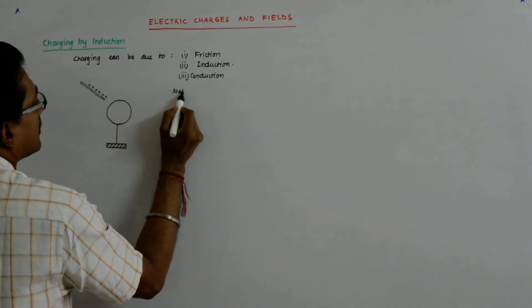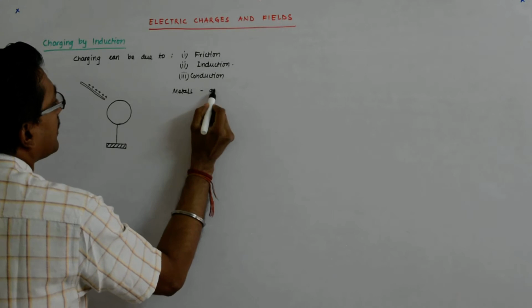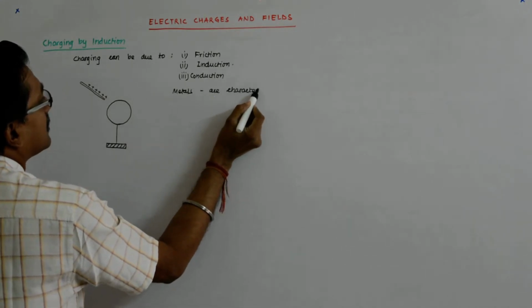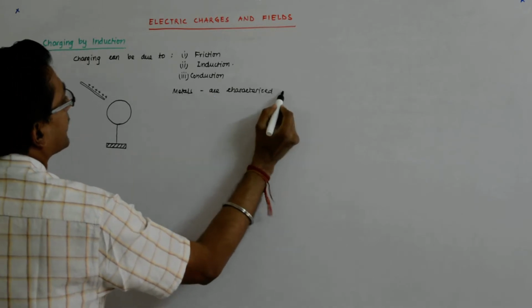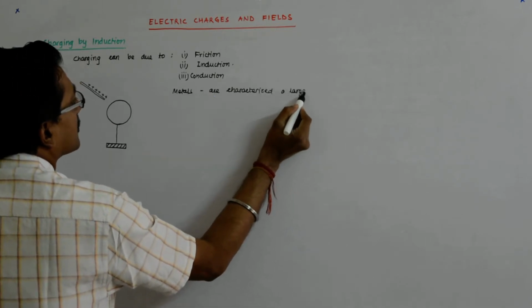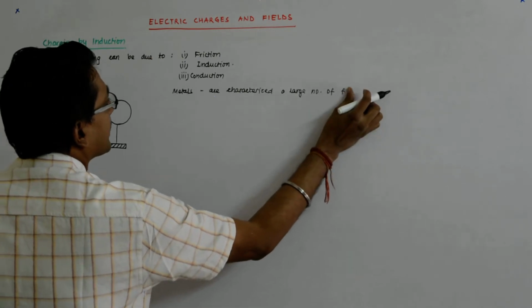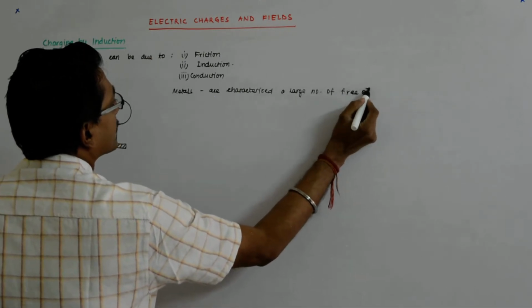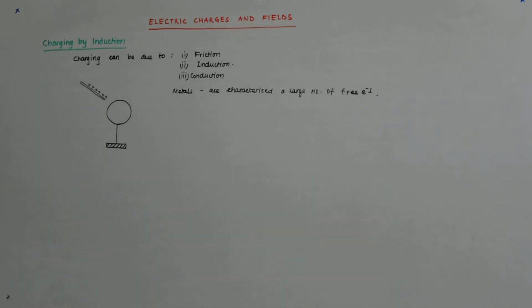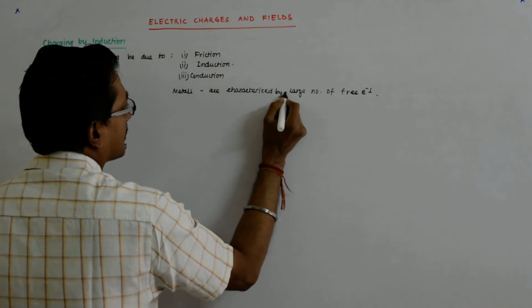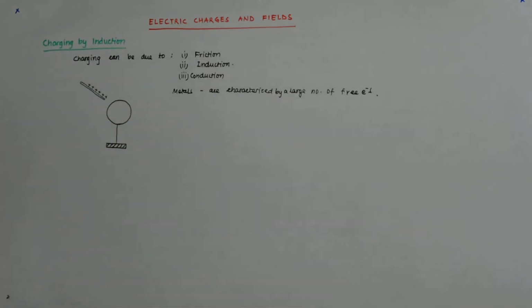Metals are characterized by a large number of free electrons.